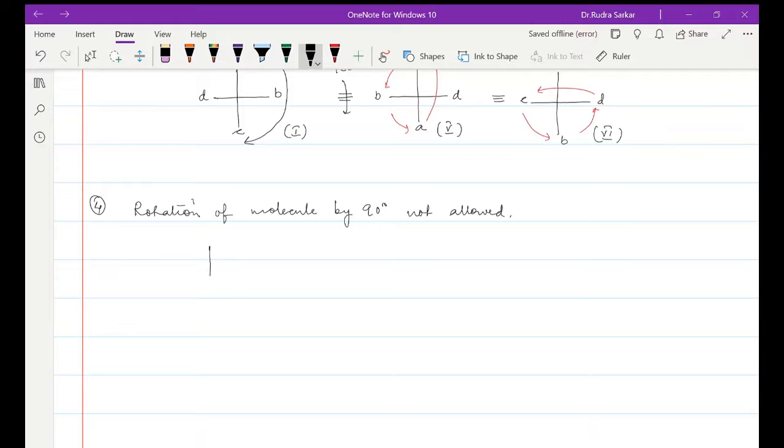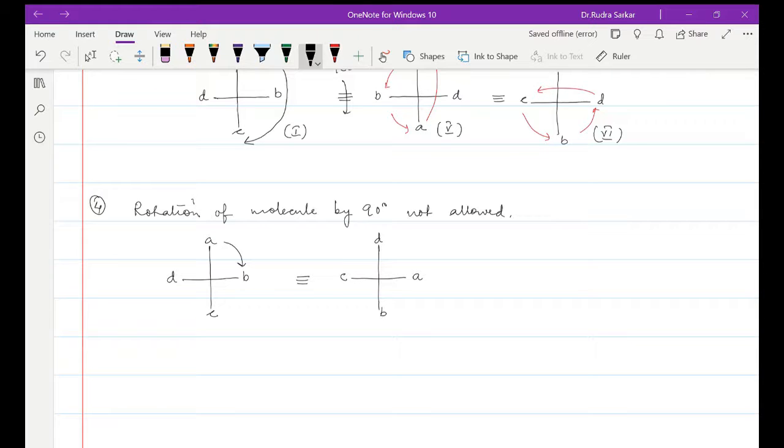If we do it, so this is A, this is B, this is C, and this is D, and you do a 90 degree rotation, then A goes to the place of B, B goes to the place of C, C goes to the place of D, and D goes to the place of A.